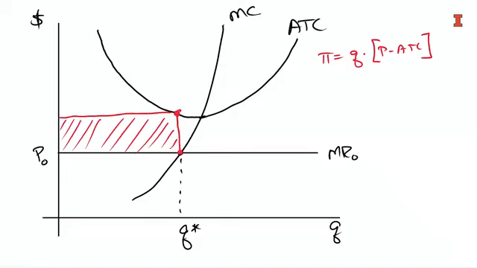So let's go over and think about how to graph this. I'm going to make a copy of this and say, let's think about shutdown. We know that the firm will want to shut down if total revenue is less than variable cost. Well, how do we put that graphically?